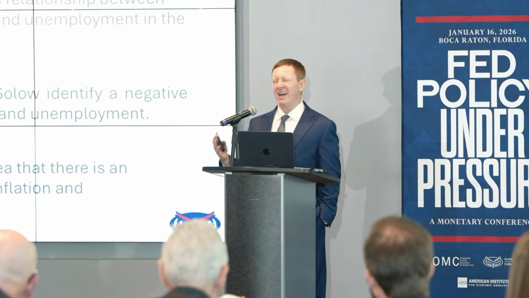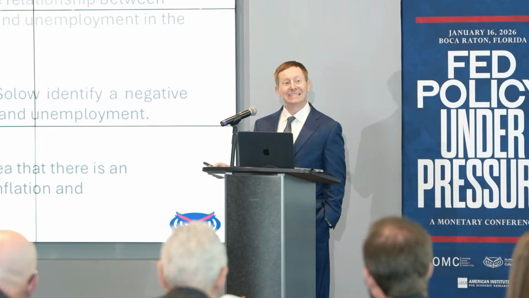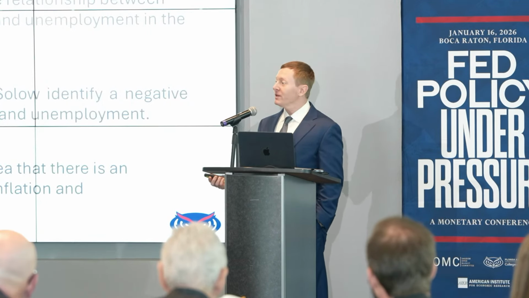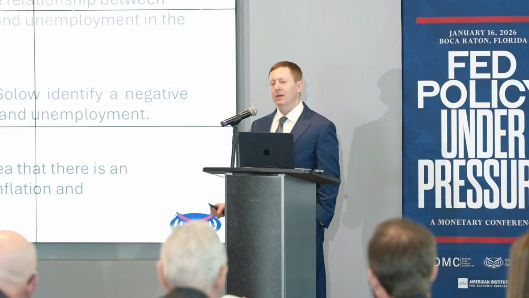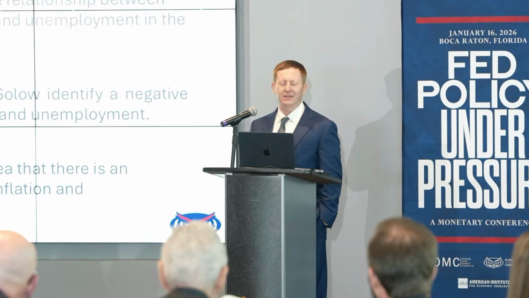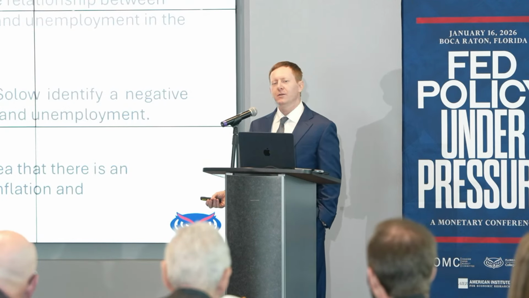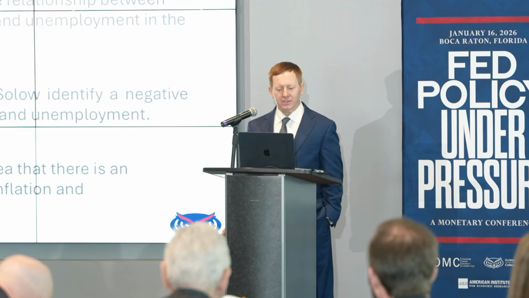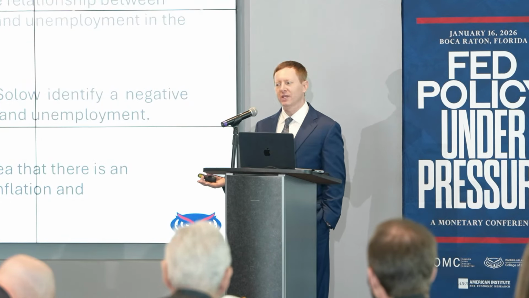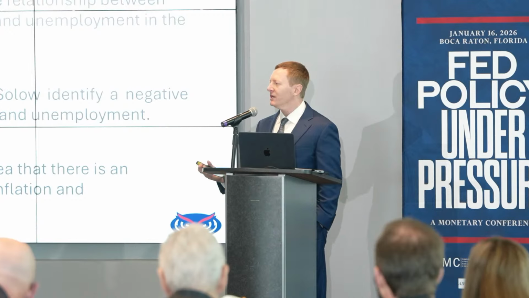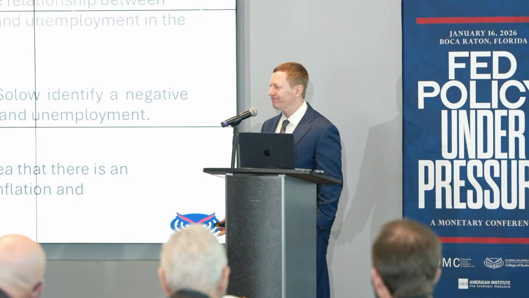But not everyone found this persuasive. Most notably, in 1968, Milton Friedman delivered a presidential address to the American Economic Association where he argued that there is no exploitable trade-off here. There's no menu of policy options. And in fact, when you start to try to exploit that relationship between inflation and unemployment, that relationship will break down.